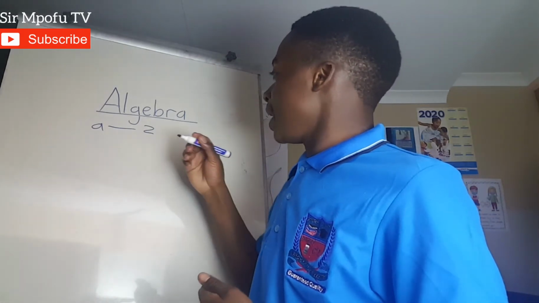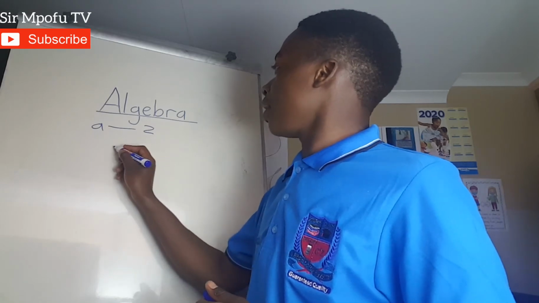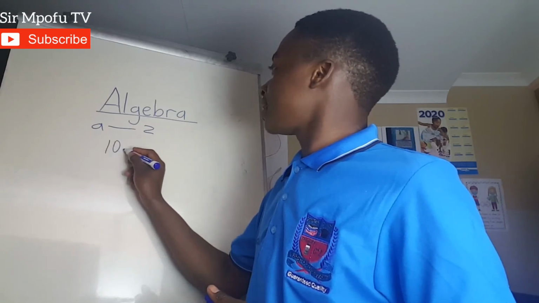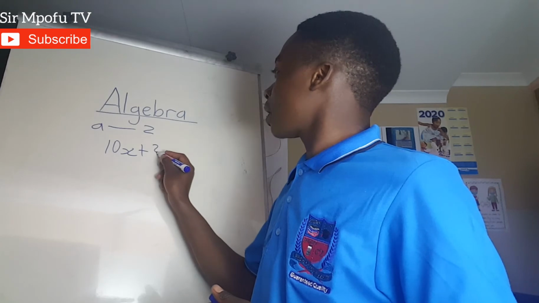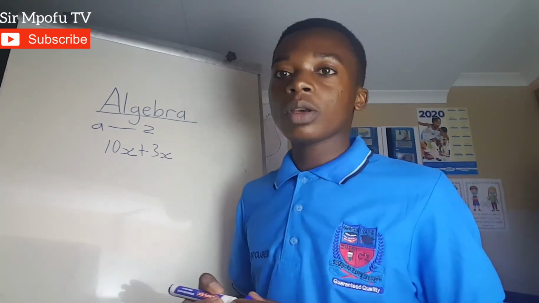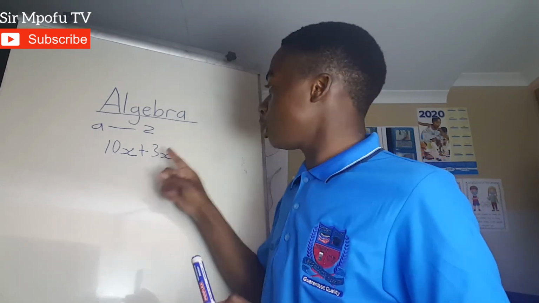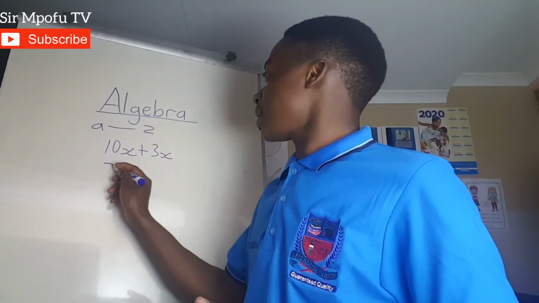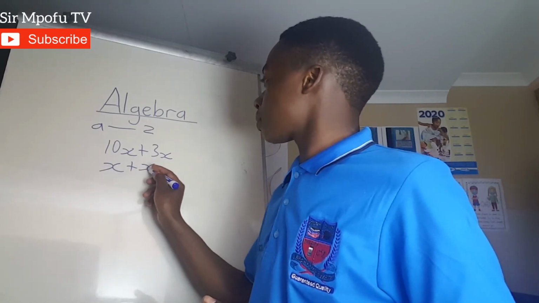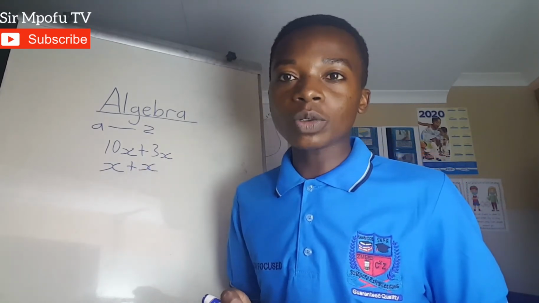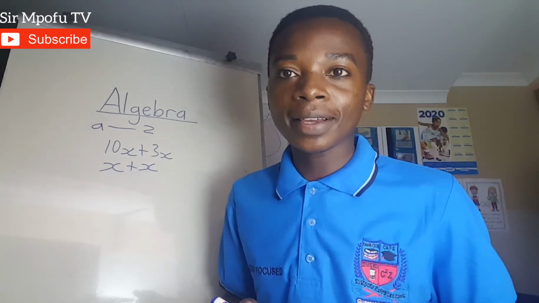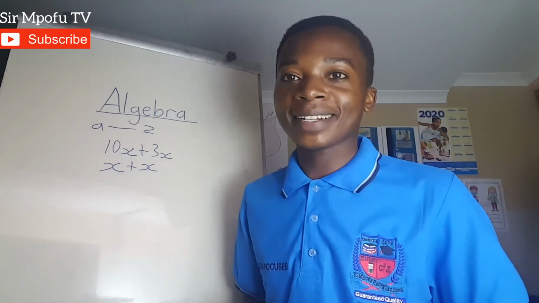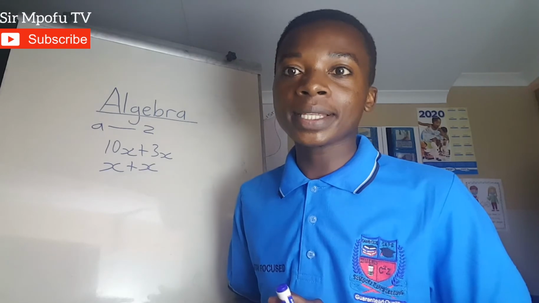So, let's say for example, we have 10x plus 3x. What is going to be our answer? Okay, let us not start with that one. Let's say we have x plus x. If we have x plus x, what is our answer? What do you think? You think x is squared? No, it's not correct. You're 100% wrong if you think it's x squared.